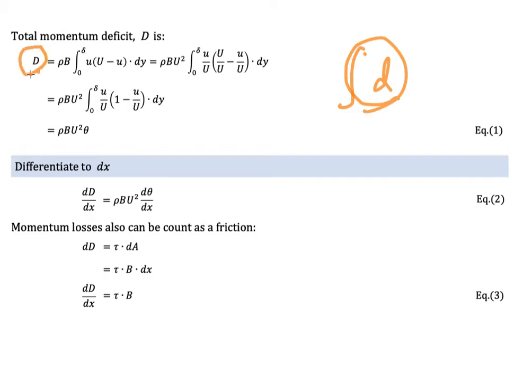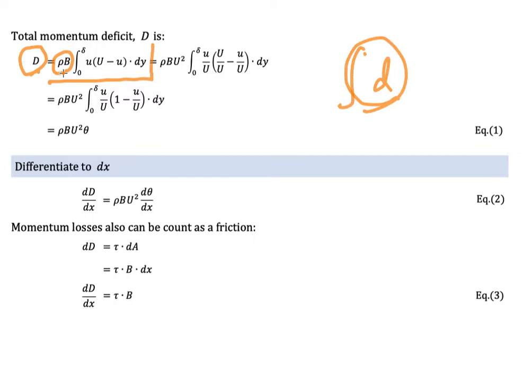It will become capital D here, and then we integrate this term. We take out the terms not related to the integral, so we take rho and b outside, and then we have u minus u dy.